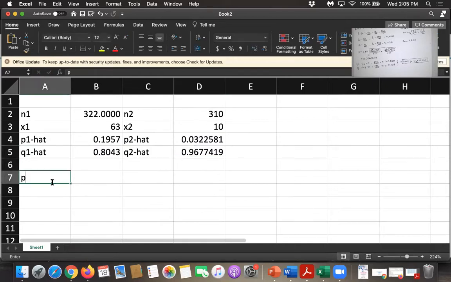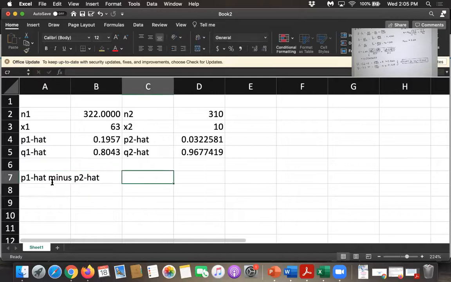Okay, and then if we want P1 hat minus P2 hat, it's going to be this value minus this value. So that's our point estimate of P1 hat minus P2 hat. And now we want to find the corresponding margin of error. And we know that the margin of error is given by a formula that looks like this.